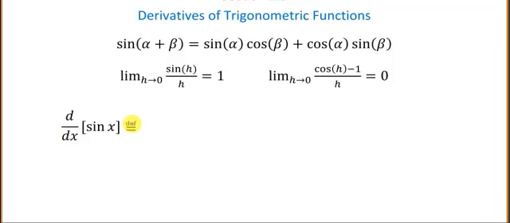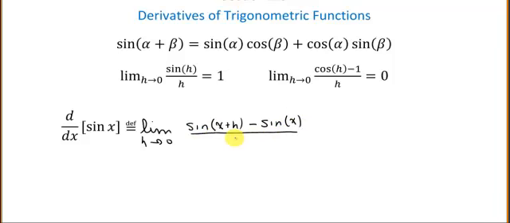So keeping these two limits in mind and the one expansion formula, let's take the derivative of sine of x. By the definition, this is the limit as h approaches 0 of sine of x, but remember each instance of x is replaced with x plus h, so that would be sine of x plus h minus sine of x all over h.